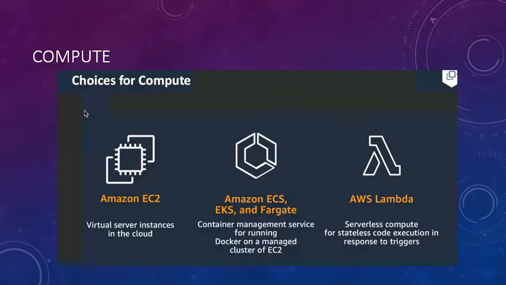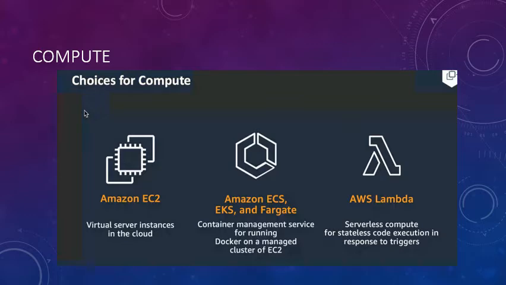So just so you know, Azure has an equivalent called Functions. So Azure Functions and AWS Lambda are pretty much the same thing. You'll come across this terminology later, but functions are supposed to be stateless, and there's a reason for that, and we'll talk about that later. And functions also respond to triggers.